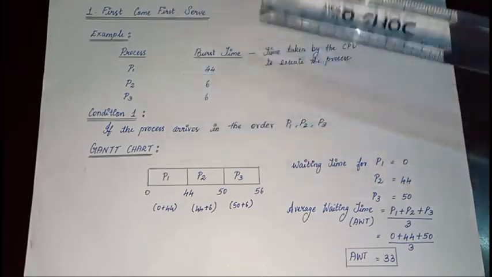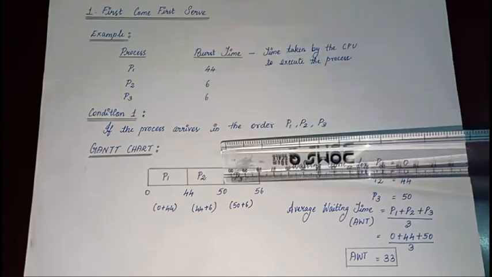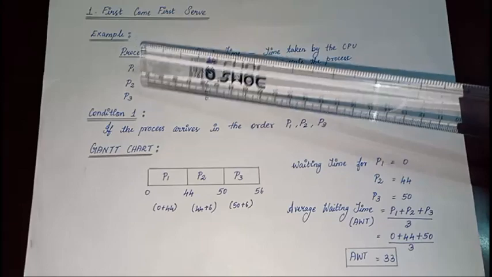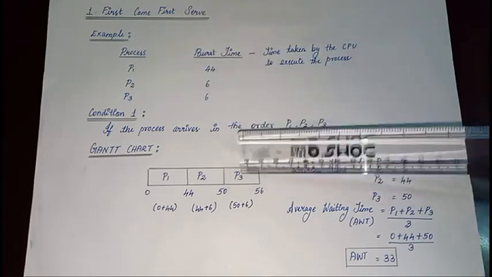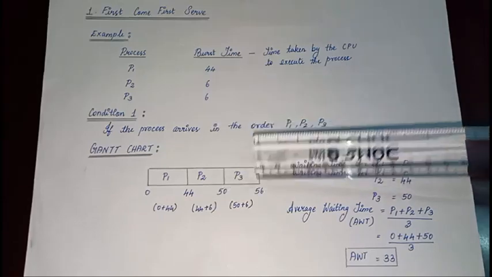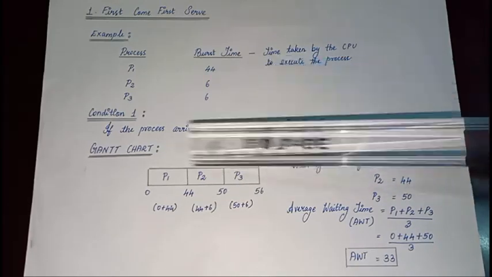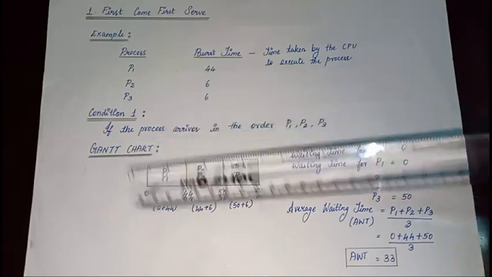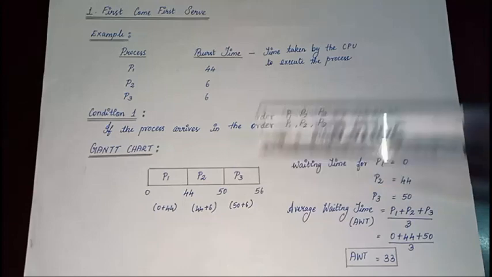You have to add 6 to this 44, so the value becomes 50. Now P3 is allocated 6, and adding 6 to 50 gives 56. These timings, the burst times which are allocated, give us the waiting times of the processes.